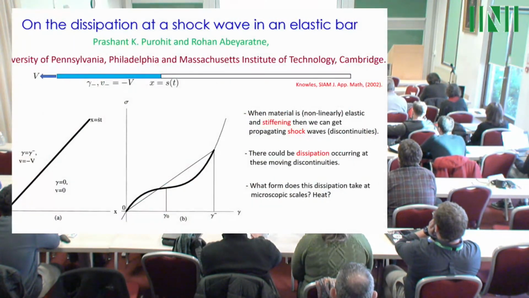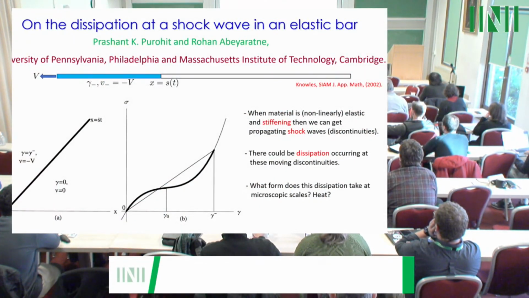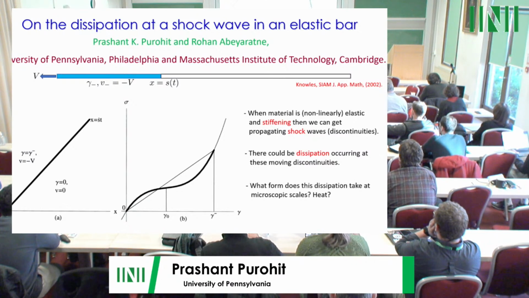Okay, so the problem that we are imagining is a semi-infinite bar, like shown here, and this semi-infinite bar is subjected to an impact. I know when you think of impact, you think of a compressive impact, but for particular types of materials, you can also have a tensile type of an impact like that.